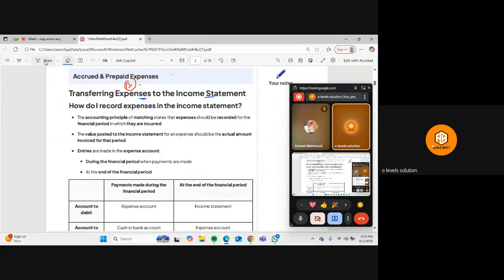We need to credit the expense when we are going to transfer all of the expenses, like the whole year's expense, into the income statement.